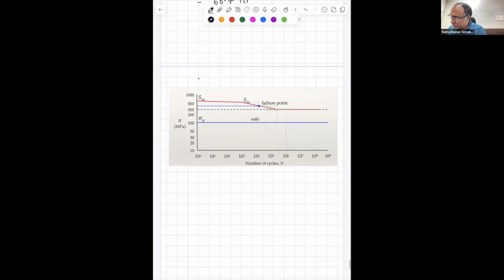Right? This is the uncorrected one. In the uncorrected, this is 300, right? SE dash, this is sigma A. Then we have seen that to be safe. But now let us draw the corrected one.